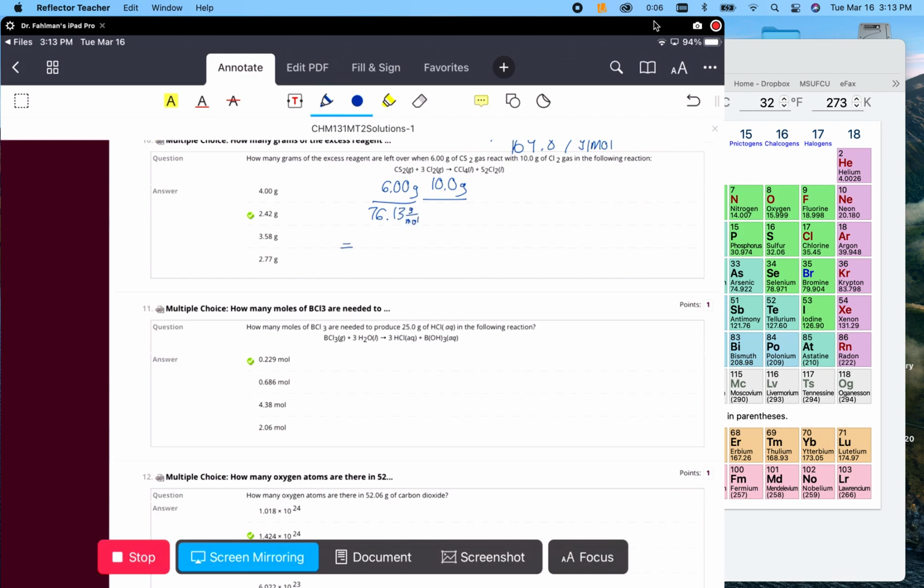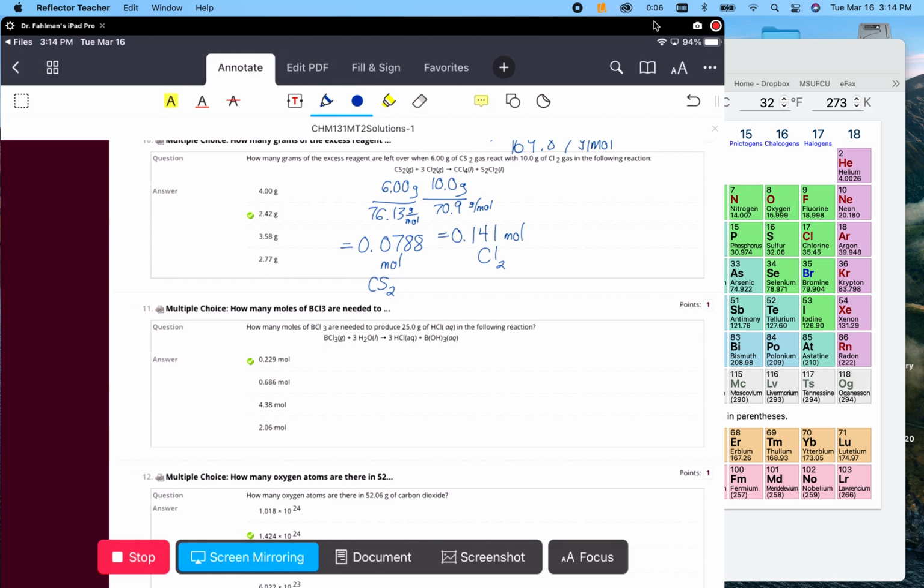So the moles, you have 6 divided by that, gives you 0.0788 moles of CS2. Okay, and then the other one is chlorine. So that's 35.45 times 2, so that's 70.9. And so 10 divided by that gives you 0.141 moles of Cl2.